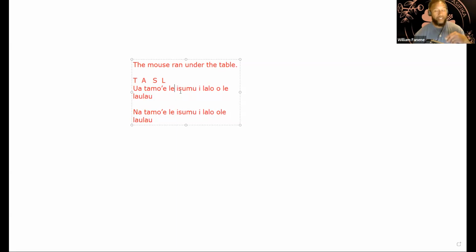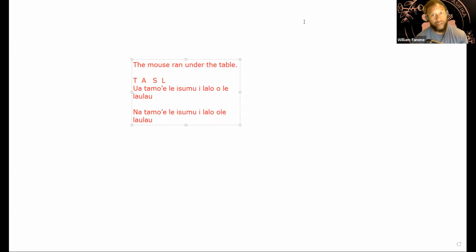It's different from closing a book or reading a book, because one subject has a direct impact on the other one. But in this case, we have a location. So the location is under the table. Ilalo ole lalo. So we don't need the e. Everyone understand that? We don't need the e because the mouse went to a location.